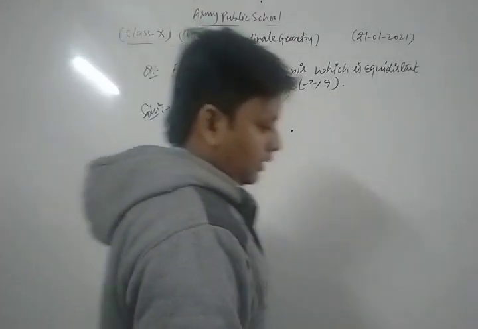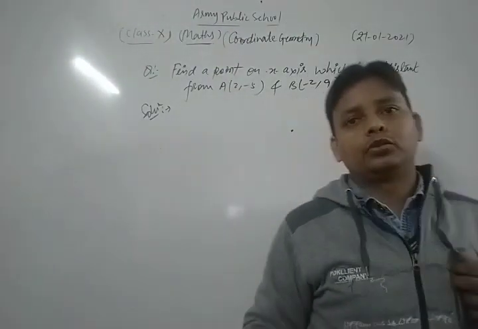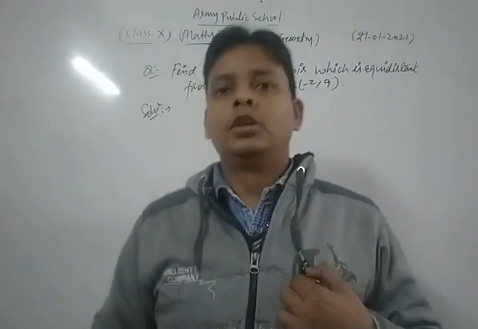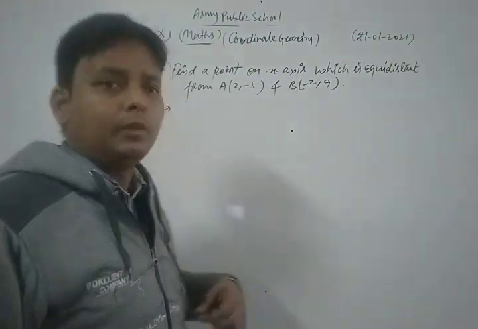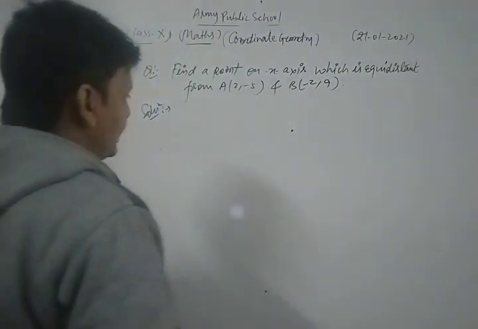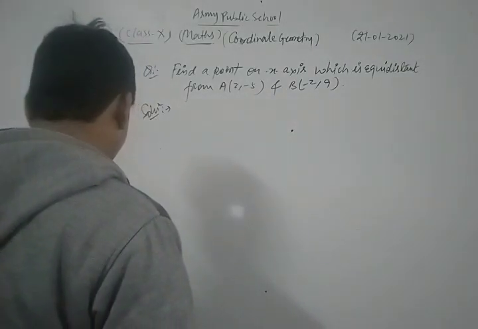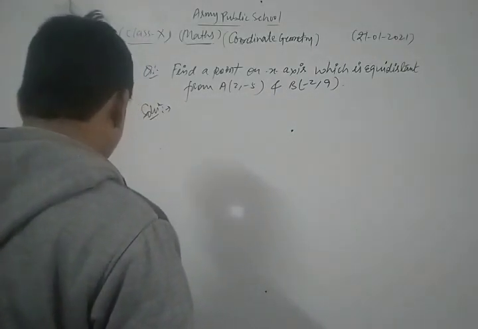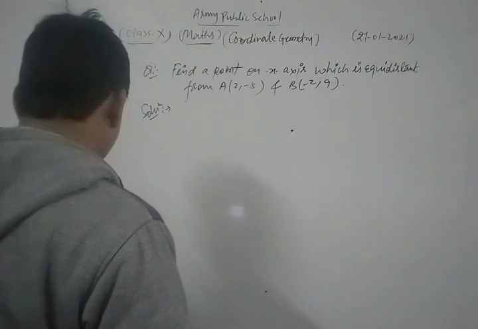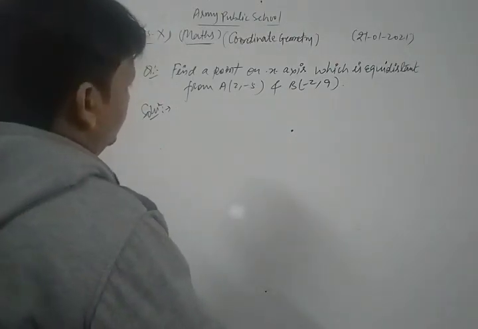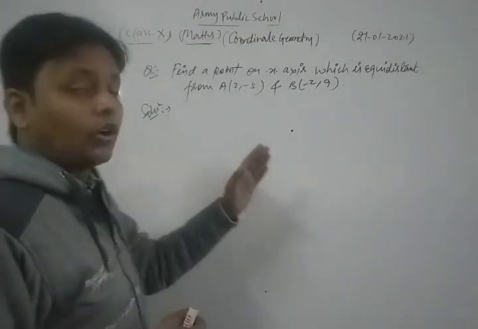Okay. Dear student, in that question, what do I do? We know that all points lying on the x-axis have ordinate 0. Sorry, on the x-axis the ordinate is 0.